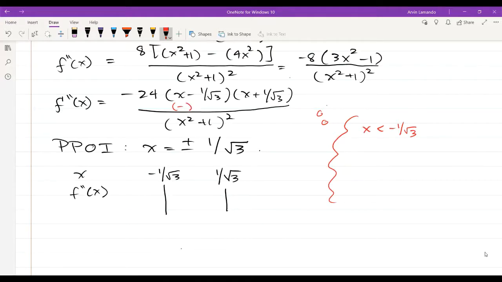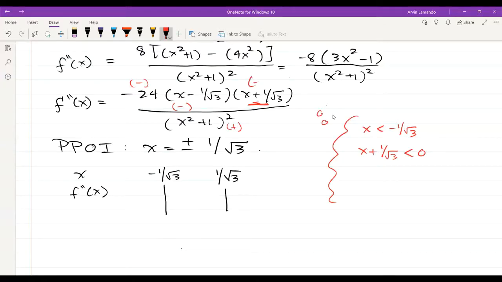This factor is always positive. This factor is also negative whenever x is less than negative 1 over square root of 3.